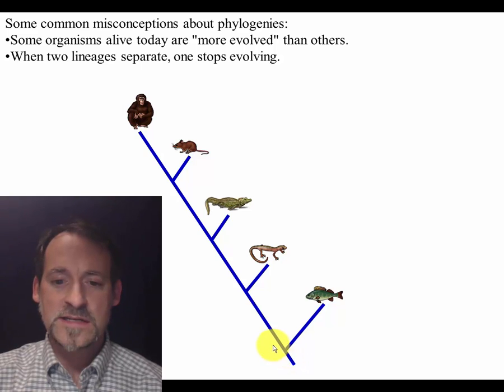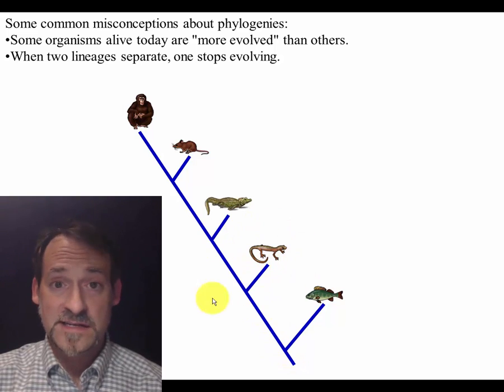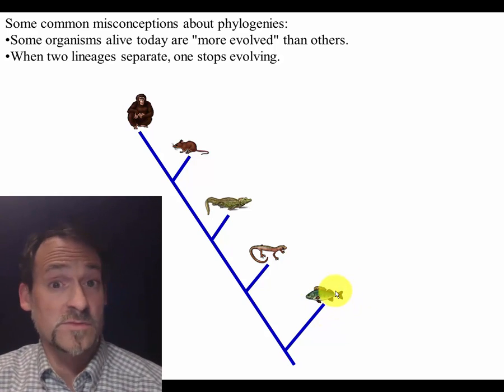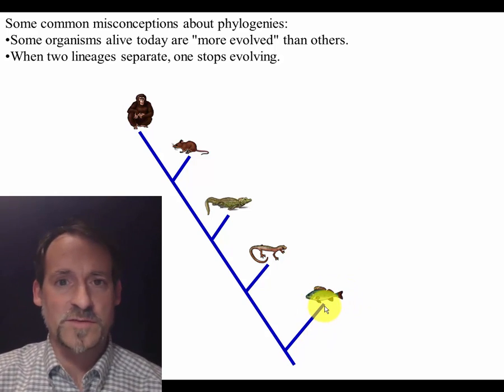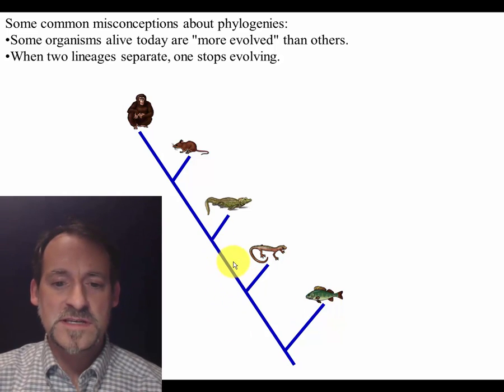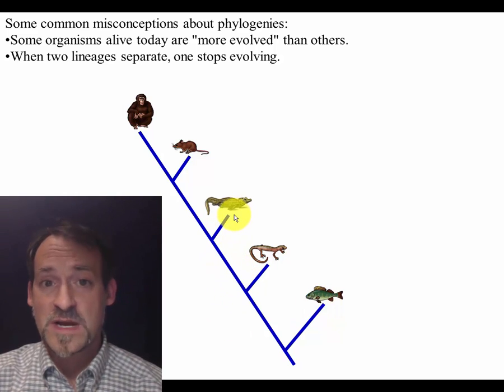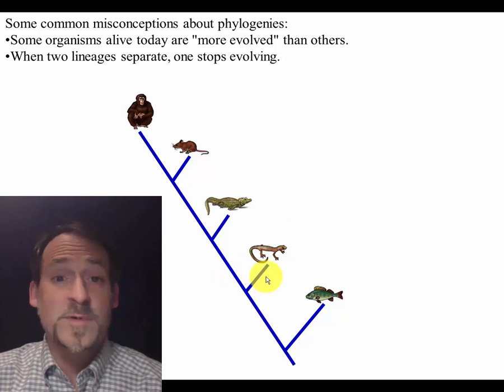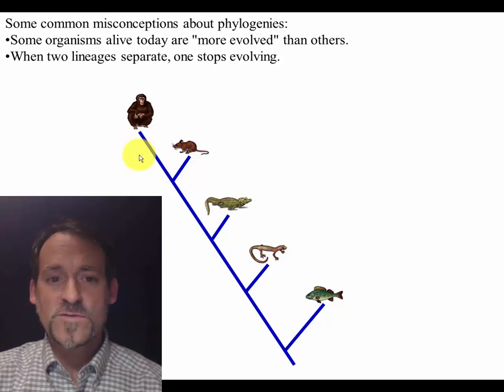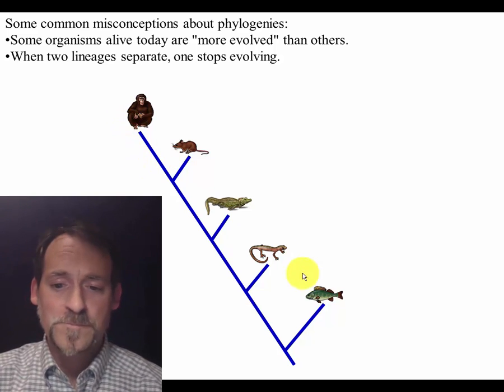They think that, okay, here the tetrapods, the land animals, split off from the fish, and after that, this fish really didn't do very much. They basically stop evolving and stay where they are. And then once the amniotes, the reptiles and mammals and birds, split away from the amphibians, the amphibians stopped doing anything, and so forth. That's not true.